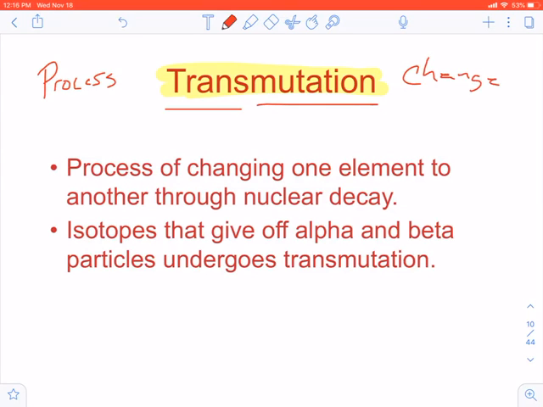So it is the process of changing one element to another through nuclear decay.